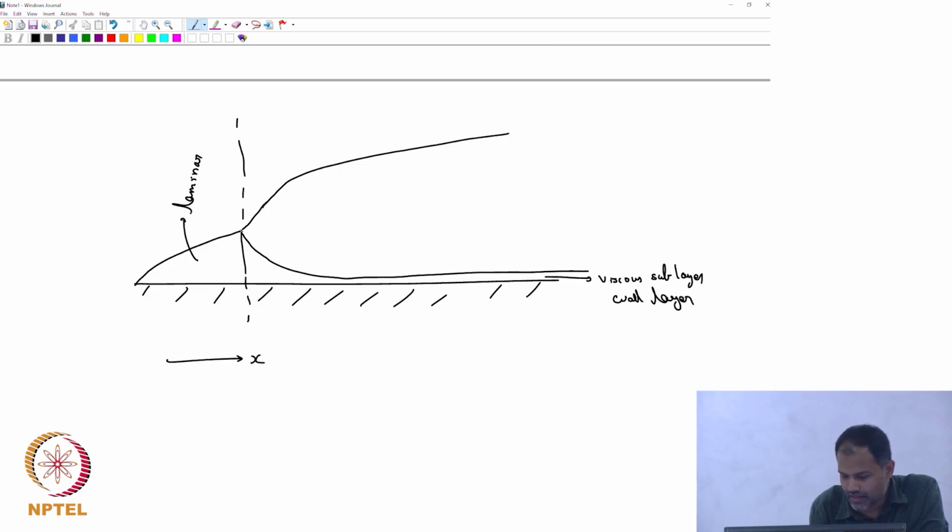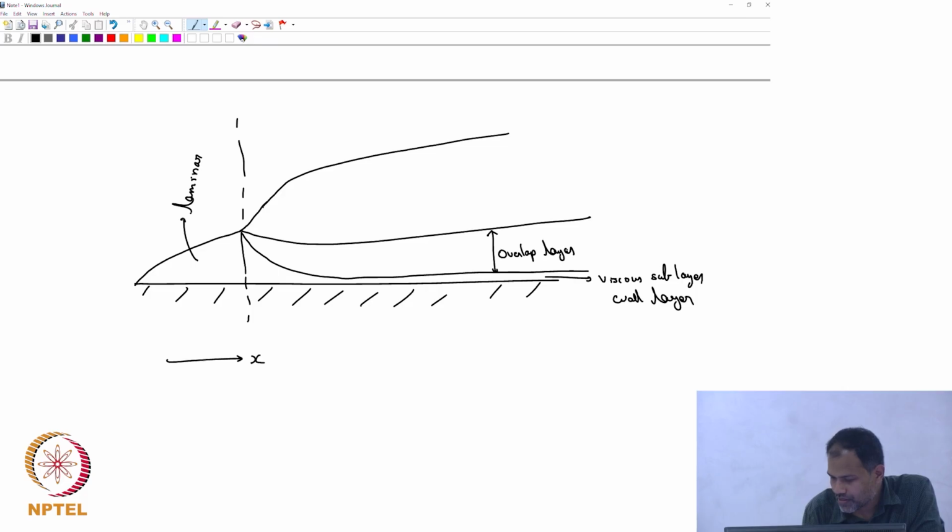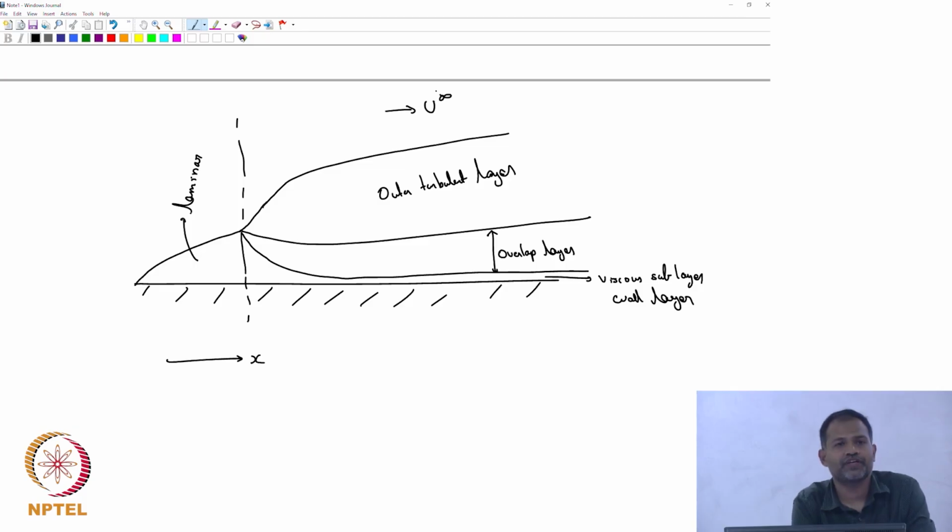Then there will be another region which is our overlap layer, and then we have our outer turbulent layer. Outside is where we have our velocity as u infinity, the free stream velocity.